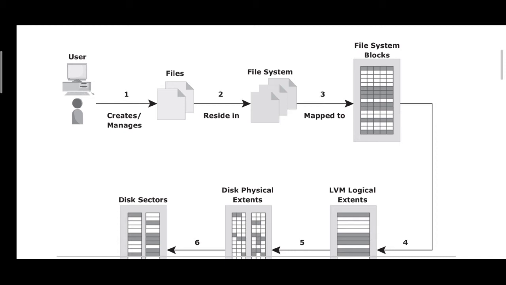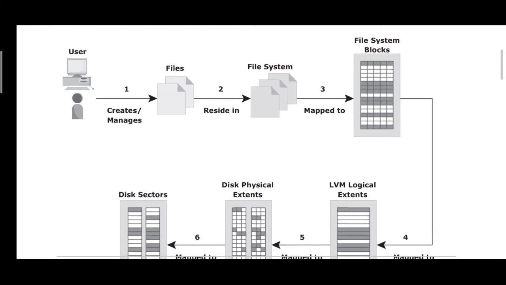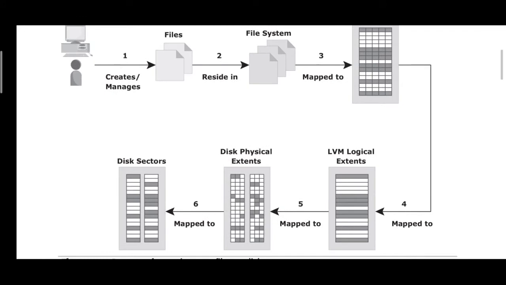Next is mapping onto the common device or physical device, existing device. Finally, aligning or identification of the disk sector over the physical disk. They are all mapping functions. Step number 3 onwards till step number 6, all are called as mapping. Logical mapping to physical mapping. That's it. Very simple thing.